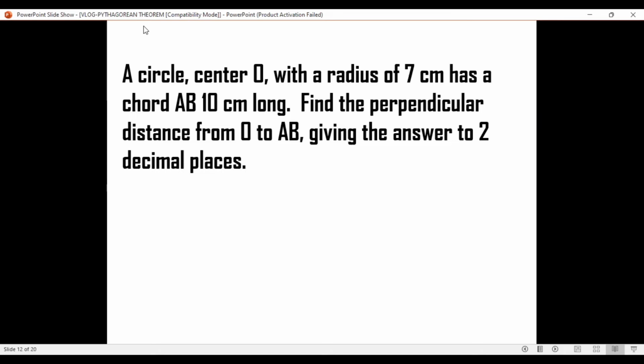So let's first try to draw and figure out this problem. So what do we have? We are dealing with a circle, okay?